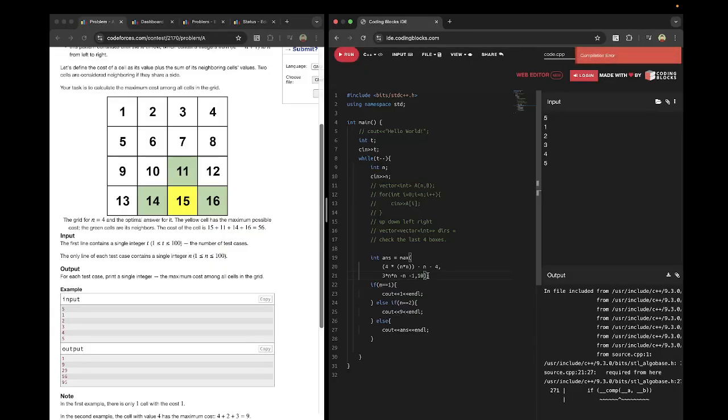No, we cannot. So max of this, getting really ugly right now. Max of, now this is done, this is done. Now this and this are left.